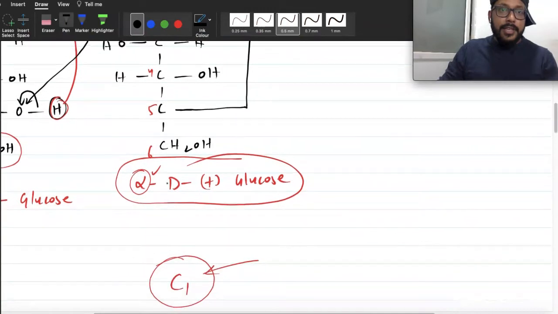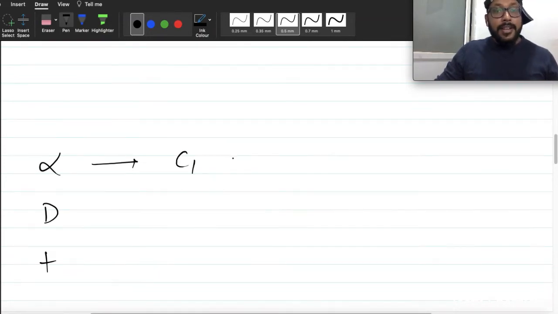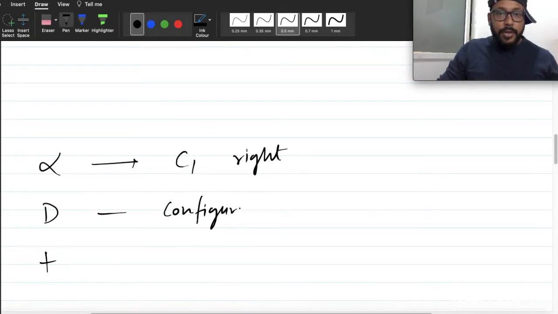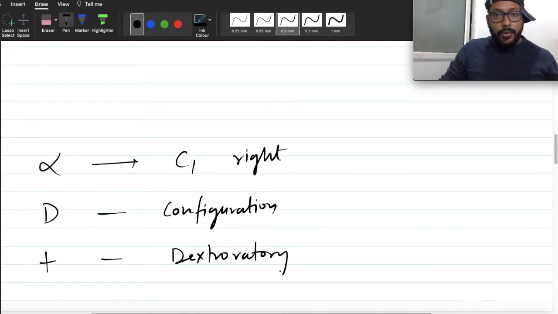Now you can easily understand the meaning of alpha, the meaning of D, and the meaning of positive. Alpha represents a cyclic structure having OH at the C1 carbon at the right hand side. D means configuration, and the positive sign represents the dextrorotatory nature of the molecule, meaning it rotates plane polarized light toward the right.